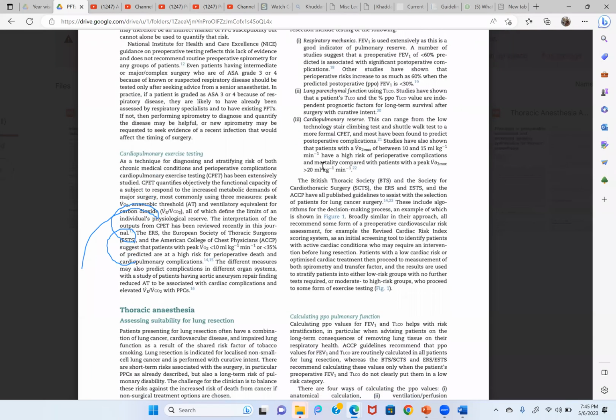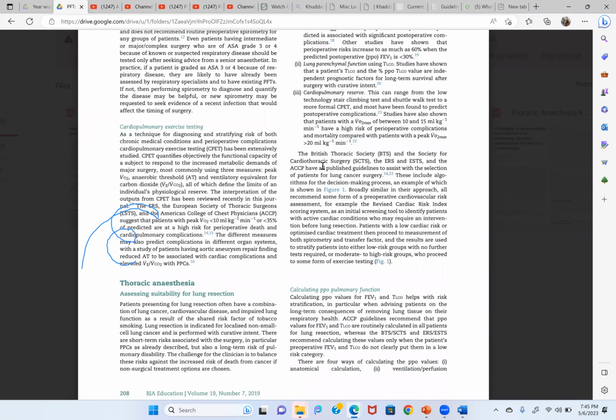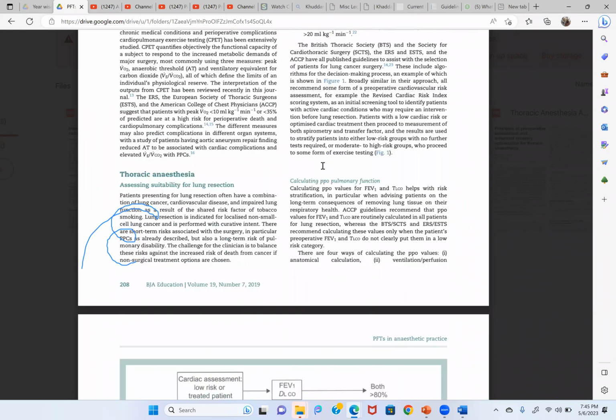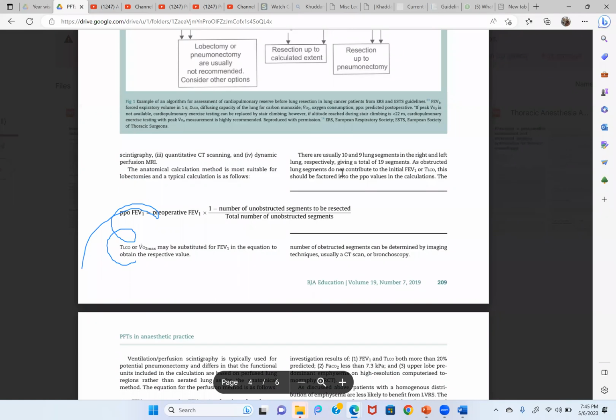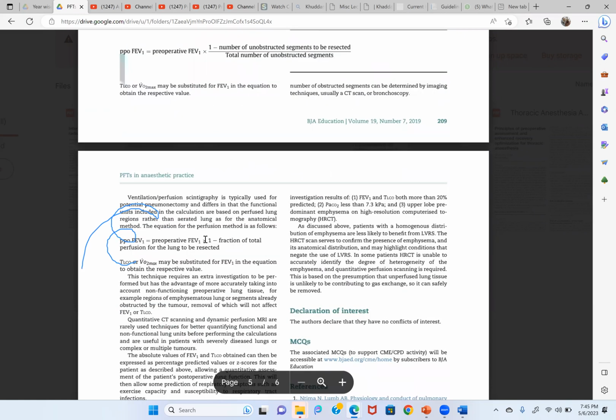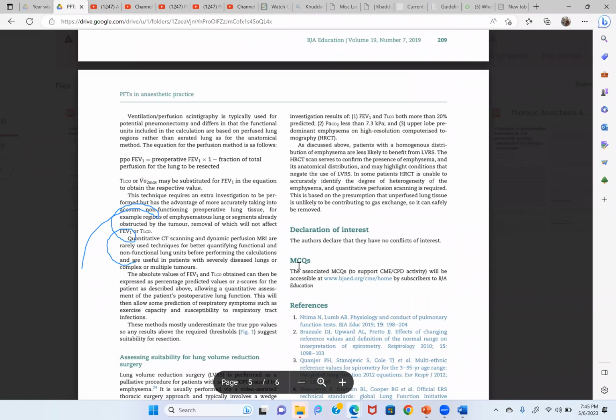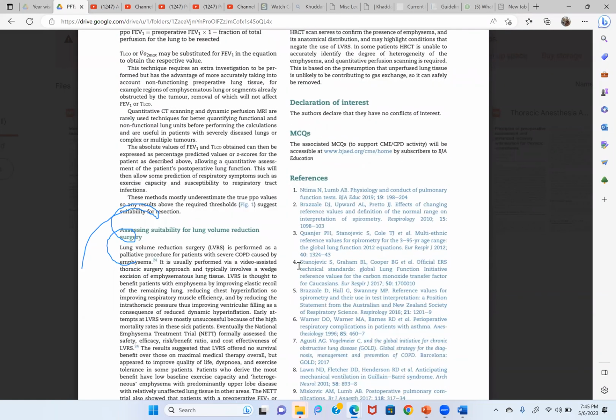You can use the same theory in any other surgery. Of course, there will be something extra with reference to resection, that is resectability, for thoracic surgery. But even if you are not doing a thoracic surgery, this information can help you in any patient.